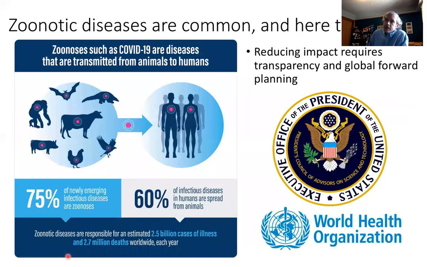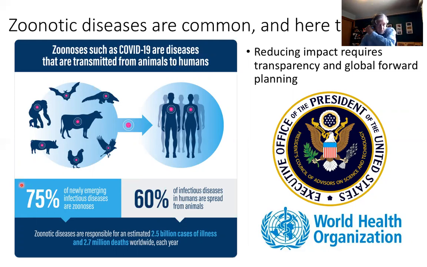But one of the things we have to think about is, these zoonotic diseases are common and they're probably here to stay generally. Zoonotic diseases such as COVID-19 are diseases transmitted from animals to humans. In recent years, 75% of newly emerging infectious diseases are zoonotic.